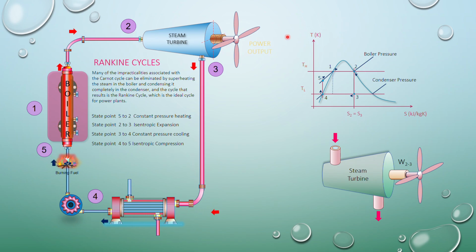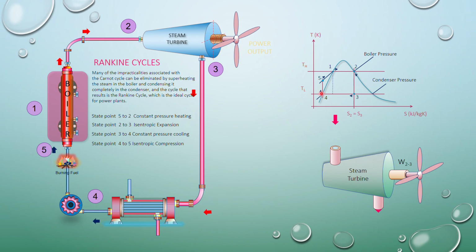So on your TS diagram, you can see that now your point 4 is no longer sitting at this point. Before that, in your Carnot cycle, you have your point 1 and this as your point 4. Now we have shifted point 4 over to the saturated liquid line so that the pump can deal with only liquid, not a mixture of vapor and liquid.